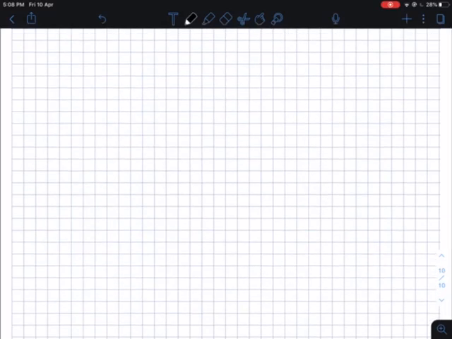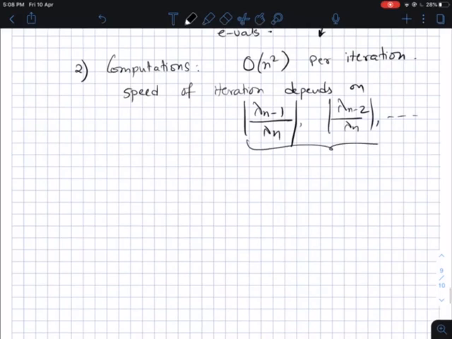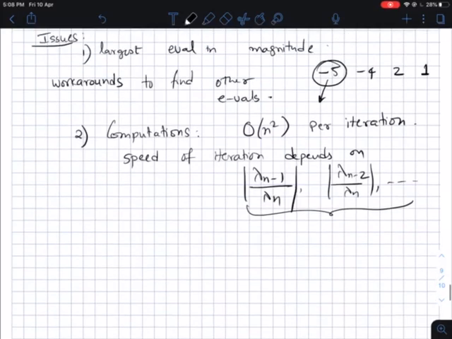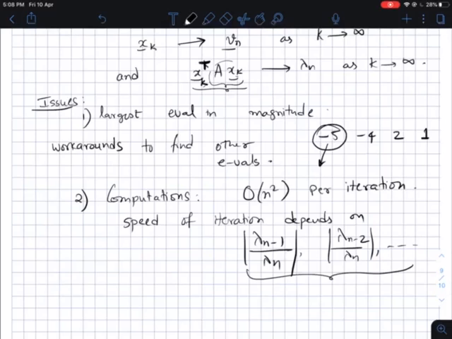If these ratios are far away from 1, then the iterations actually converge very, very fast. In one of the tutorial problems, I'll leave an assignment for you. Either you can do it by programming or by hand with a small matrix example, just to see how fast it converges in particular scenarios. So computations are order n².